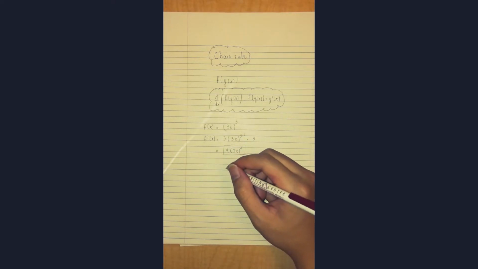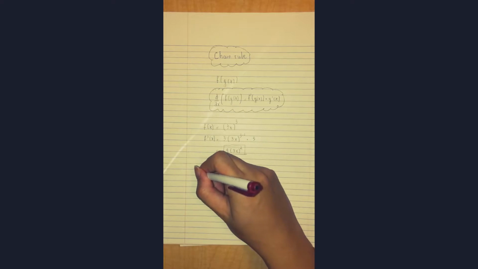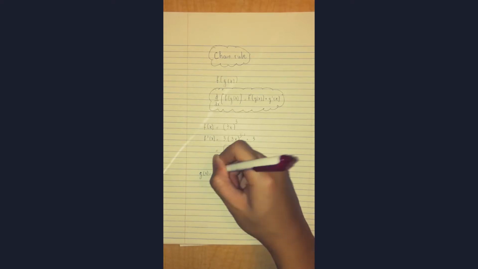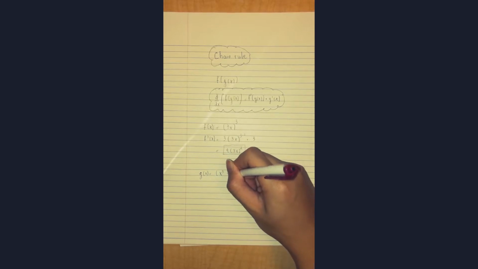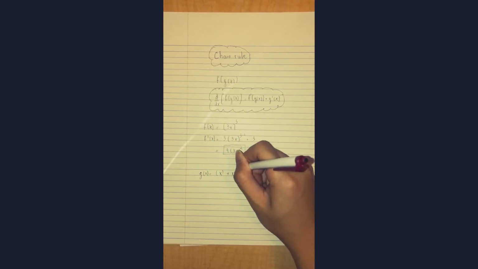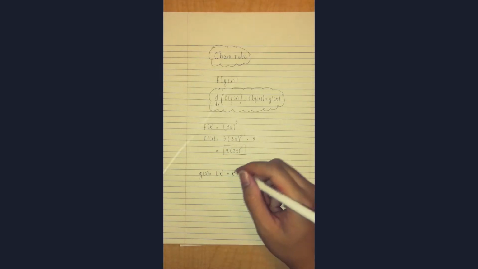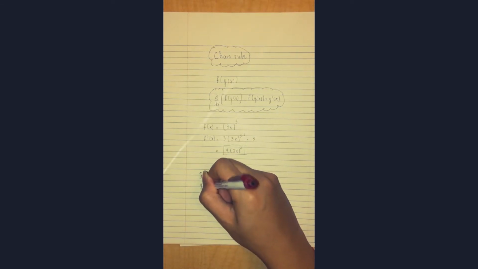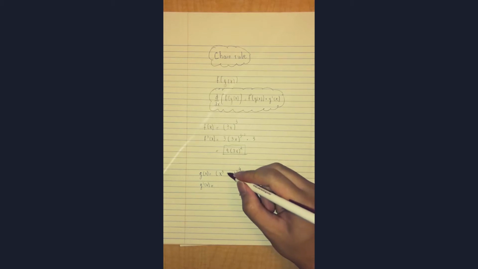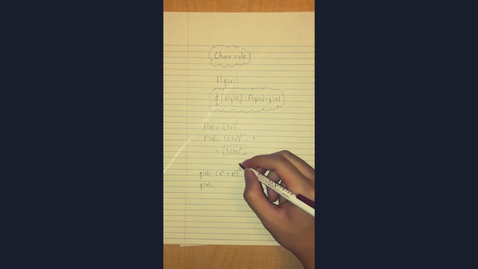And let me give you another example. Let's say g of x is equal to (x third plus x squared) to the fourth. Again, to find the derivative we use the chain rule. So this is the inside function. The outside function is to the power of 4.